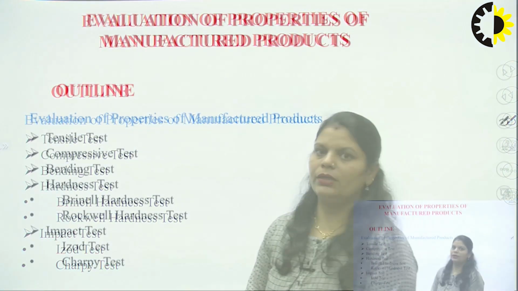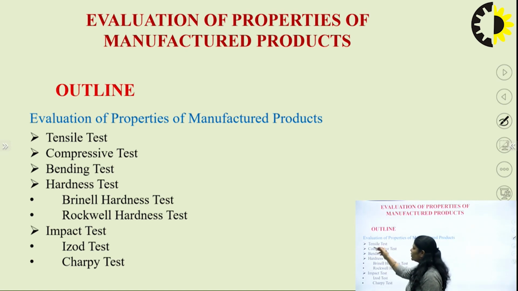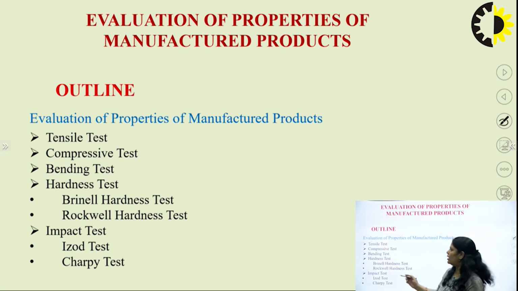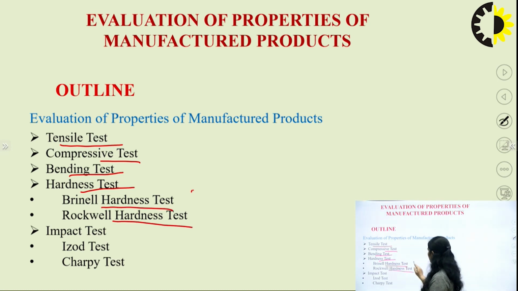So, this will be the outline of this lecture. The different properties that we will start today will be the tensile test, compressive test, bending test, and hardness test. In the hardness test, we will focus on two tests, the Brinell hardness test and the Rockwell hardness test.